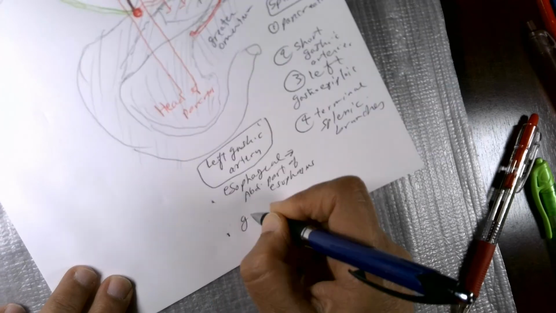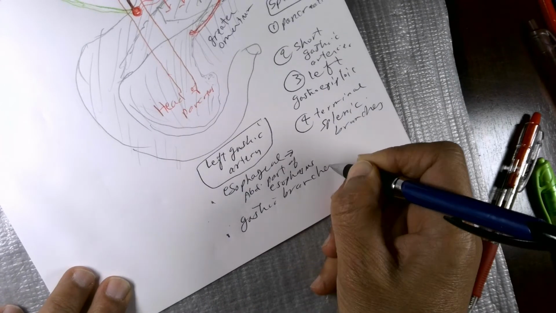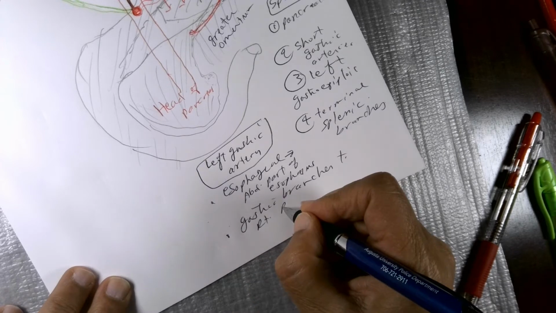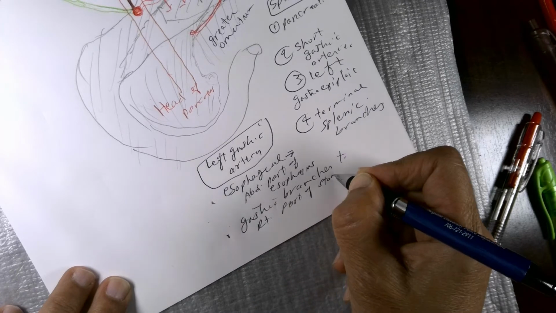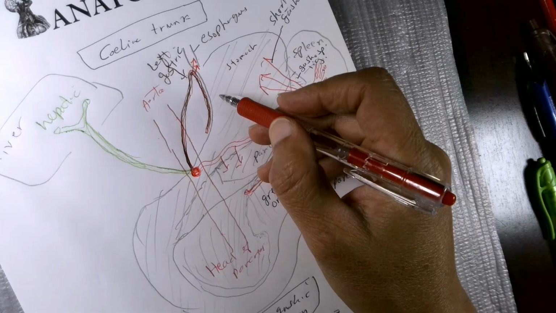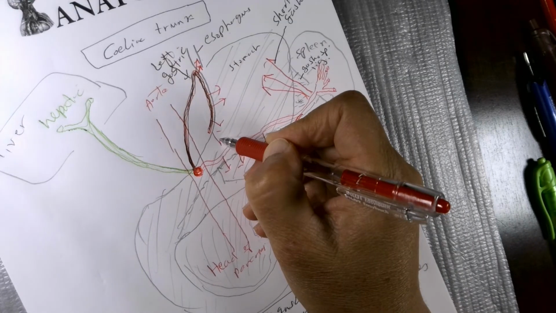Then it gives gastric branches to the body of the stomach, the right part of the stomach. And here, the left gastric started to give these branches to the stomach.